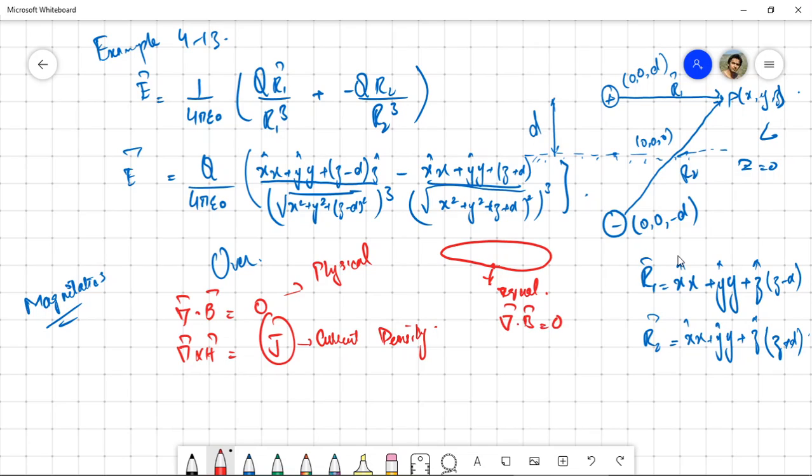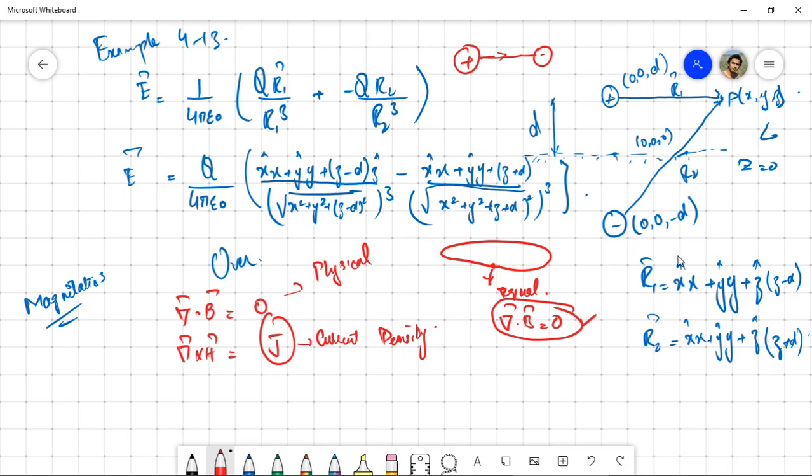So the divergence of B will always be equal to 0, and you need to understand that this is because magnetic lines of force do not originate or terminate anywhere, unlike electric field lines. For electric fields, the electric field lines originate and leave from a positive charge, and they enter and terminate into a negative charge.